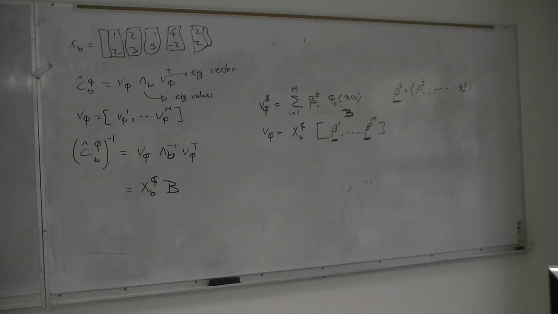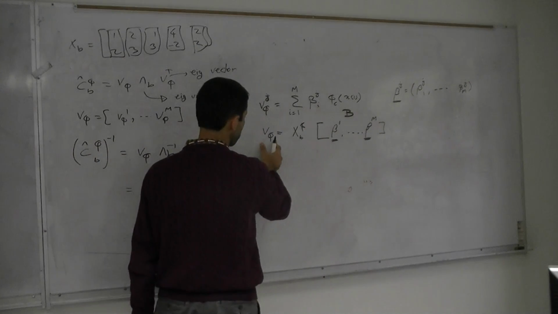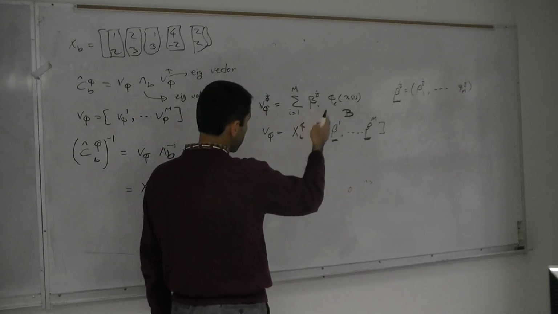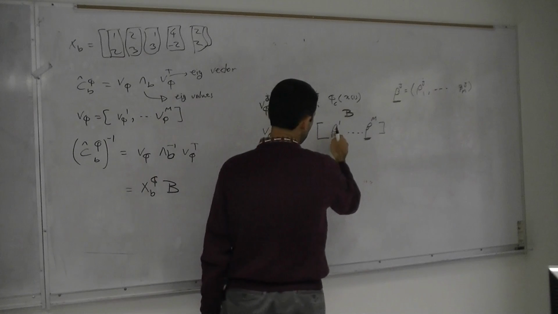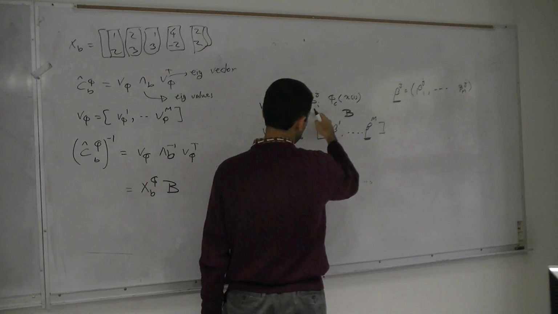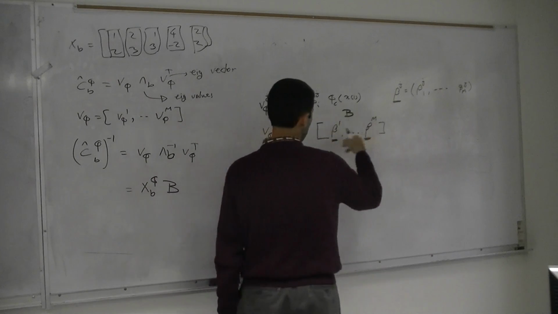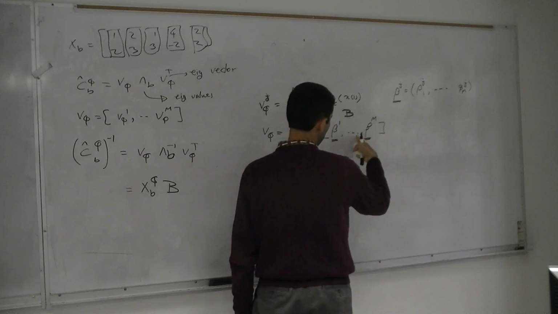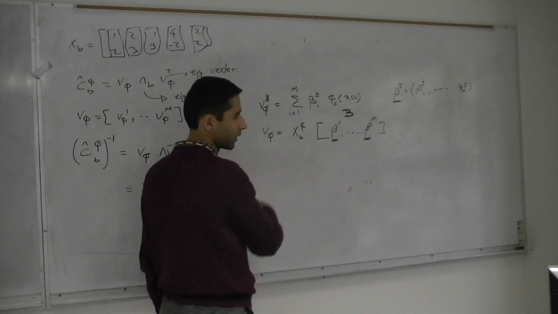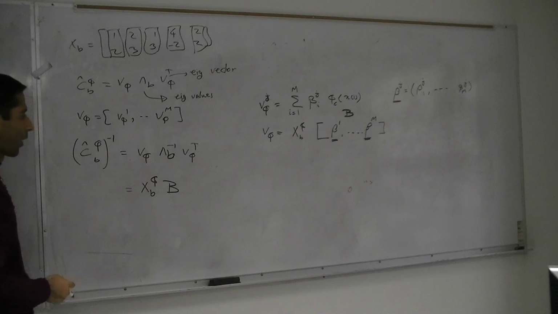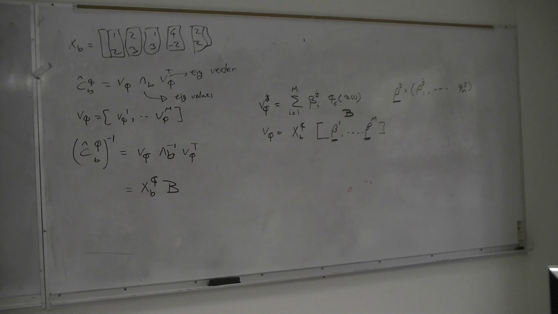X phi is phi c of x1 to phi c of xm. It's a real vector, because the eigenvectors are the combination of the original data, and because of this we can find the betas as numbers that make a big matrix, that if we multiply this matrix with the original data, we can find the eigenvectors of the data.